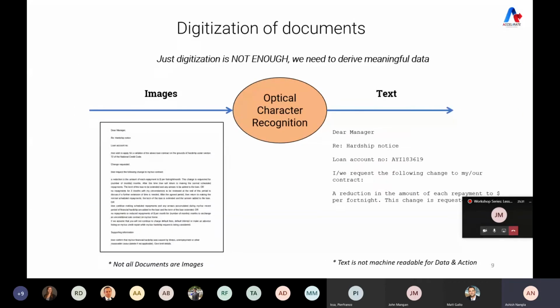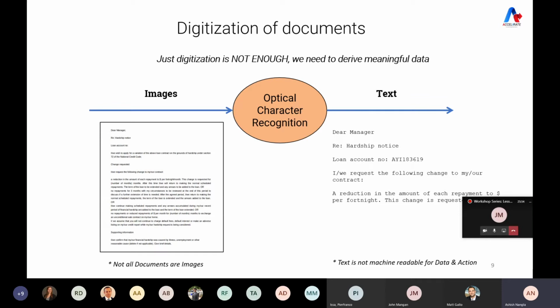Another typical conversation we have is around why can I not just use an OCR and do this, right? OCR we call digitization of documents, which is good if you are just taking images and documents and converting them into text.